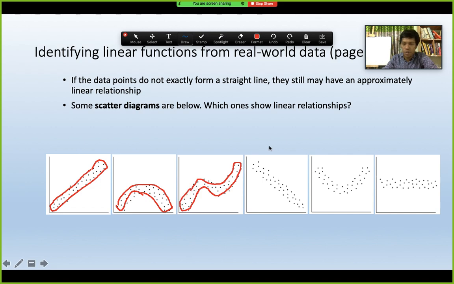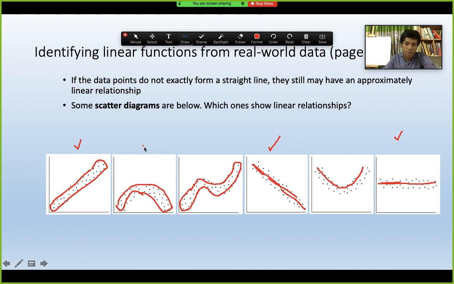Also, just to understand, you can draw a line through the middle, and then you will see the general shape of the data. So which one is linear, which one is not linear? I think you can easily say that this looks like a straight line, and this looks like a straight line.